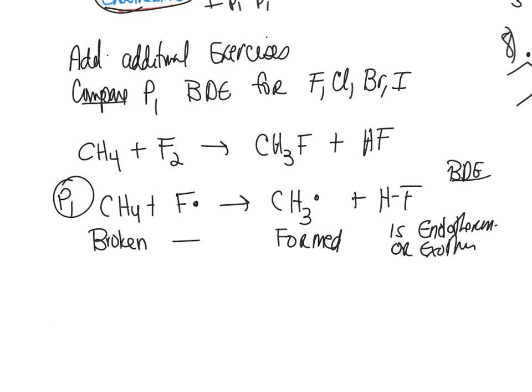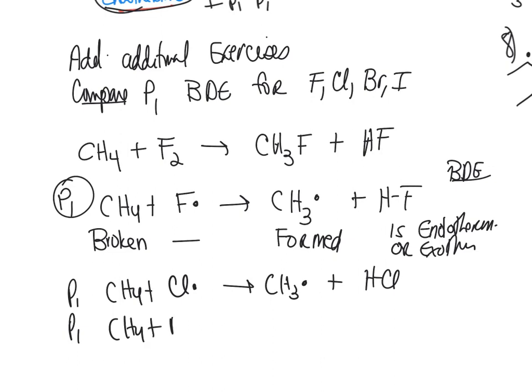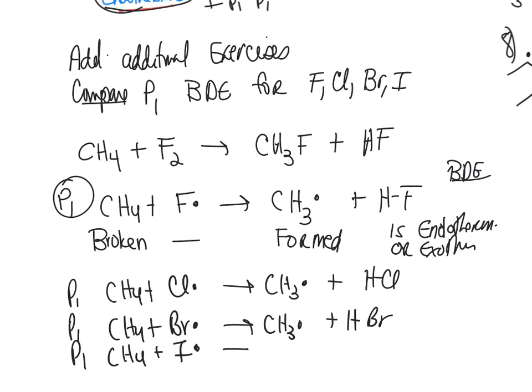Then you could write that for P1 for CH4 plus chlorine radical goes to CH3 radical plus HCl. P1 CH4 plus bromine radical goes to CH3 radical plus HBr, and then the P1 for CH4 plus iodine radical goes to CH3 radical plus HI.